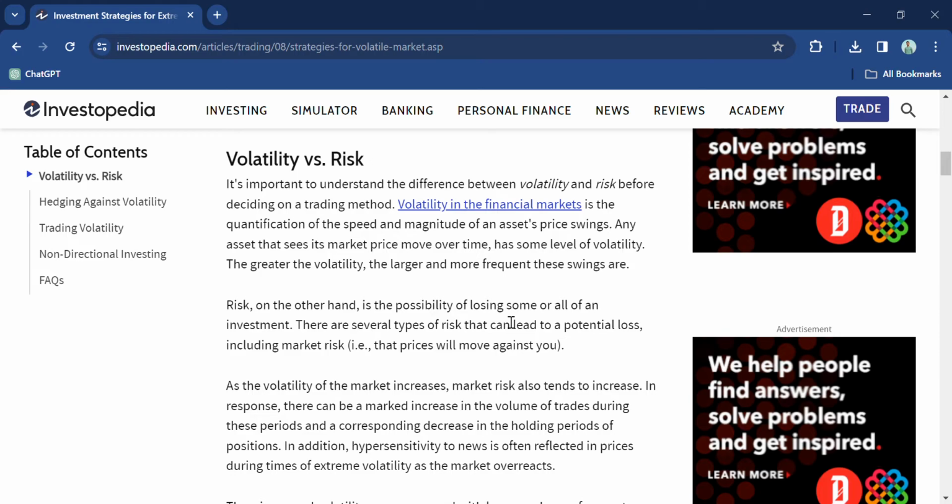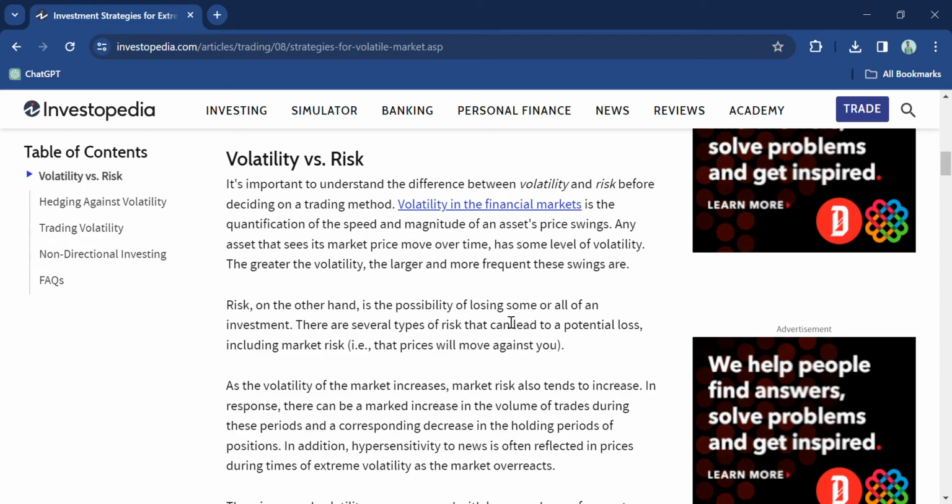Risk, on the other hand, is the possibility of losing some or all of an investment. There are several types of risks that can lead to a potential loss, including market risk, that is, that prices will move against you. As the volatility of the market increases, market risk also tends to increase.